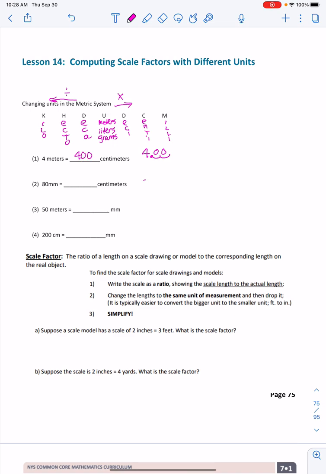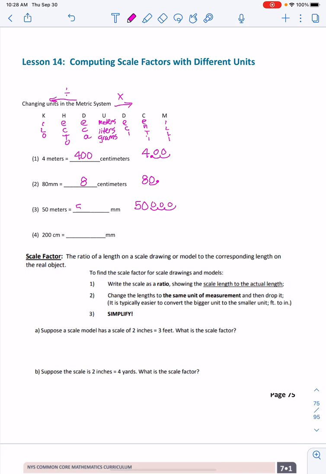If I have 80 millimeters, my decimal is here, and I'm going to move 1 space to my left, which would be 8 centimeters. If I have 50 meters, and I want to go all the way over to millimeters, I am going to move 3 spaces to my right and add my zeros.